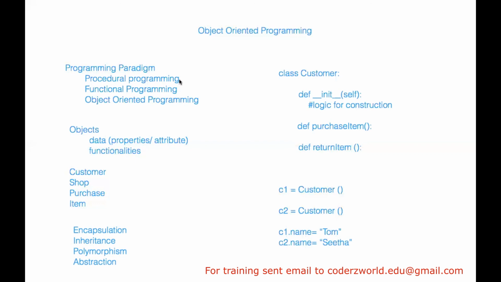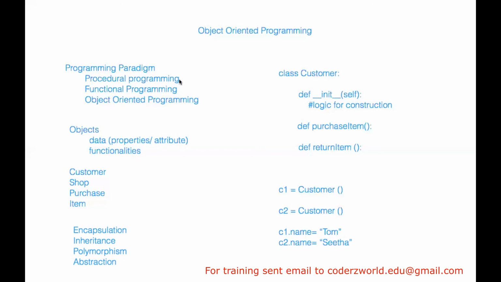Functional programming is another thought process, where we create pure functions. In Python, a function is also considered an object. We'll discuss how to do functional programming using Python later in upcoming videos.